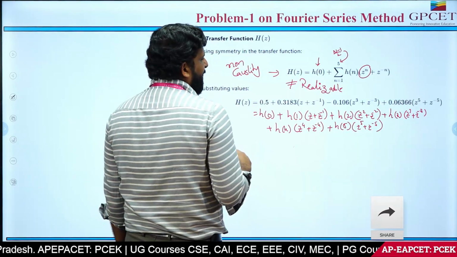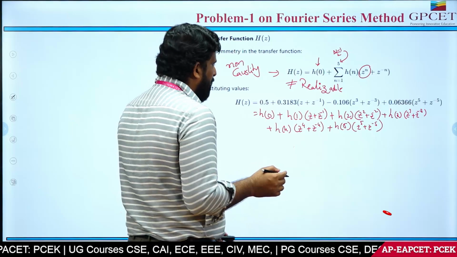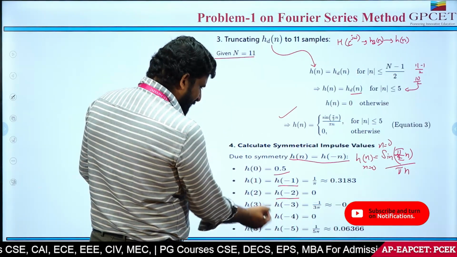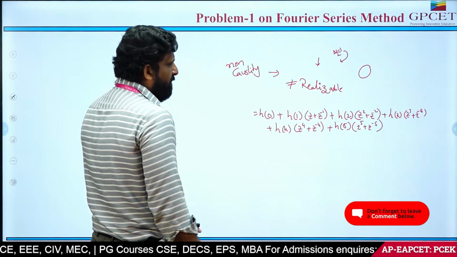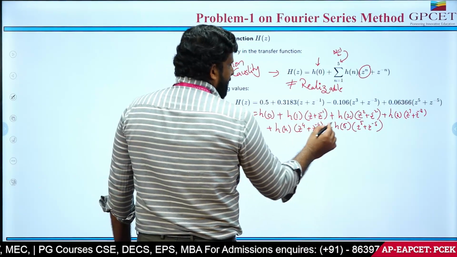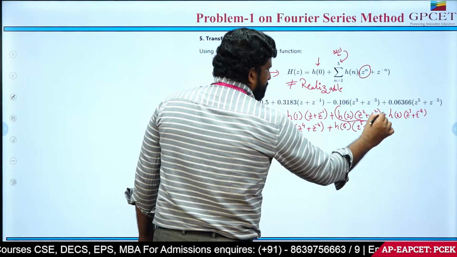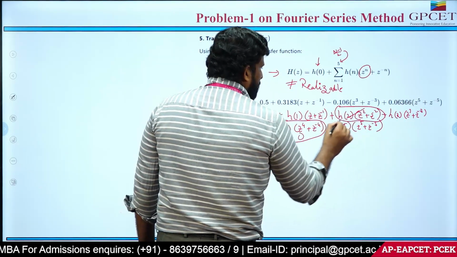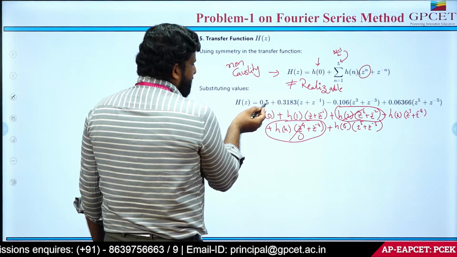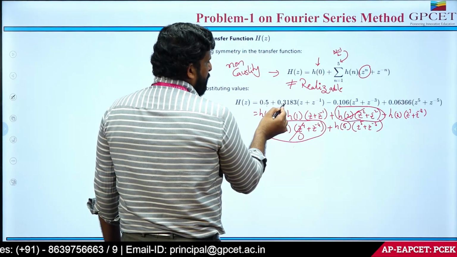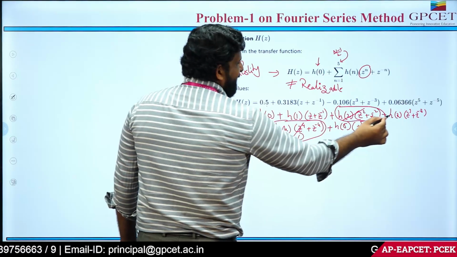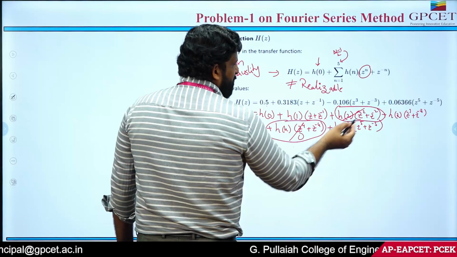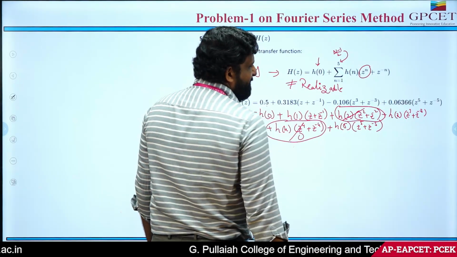By substituting all the values, we know what the values are. You can see there is 0 for h(2) and h(4). The value is 0. So by substituting h(2) equal to 0 and h(4) equal to 0, the remaining is h(0) which is 0.5, h(1) which is 0.3183, h(3) which is minus 0.106, and h(5) which is 0.06366.